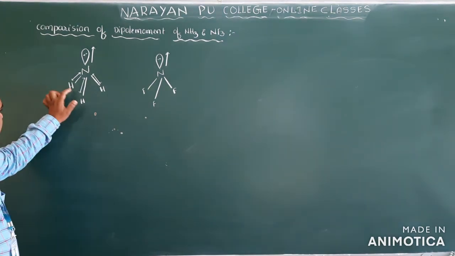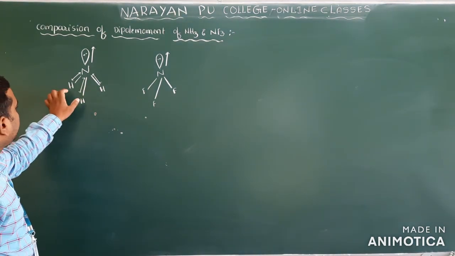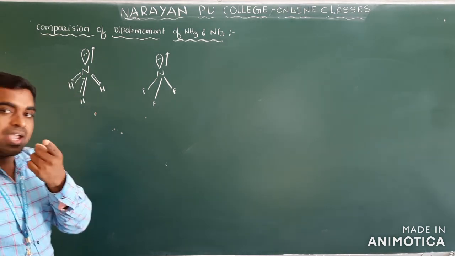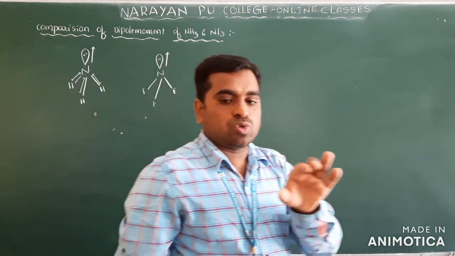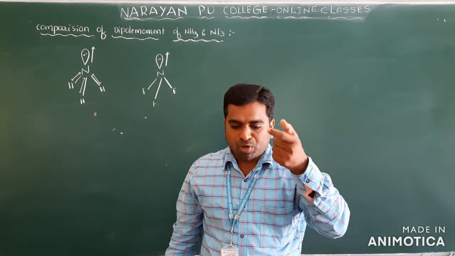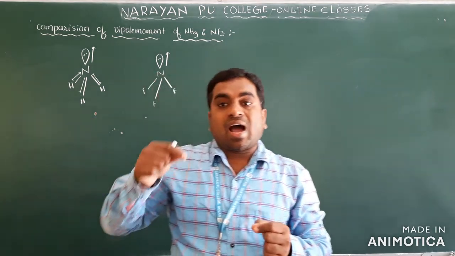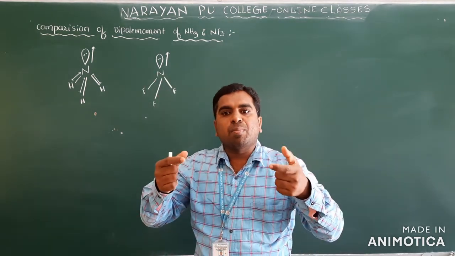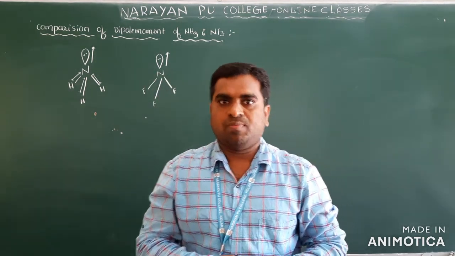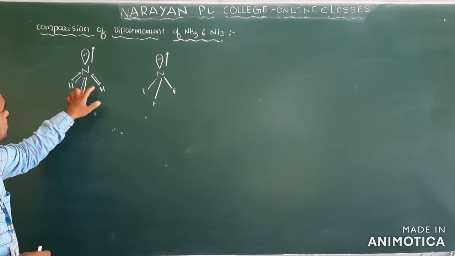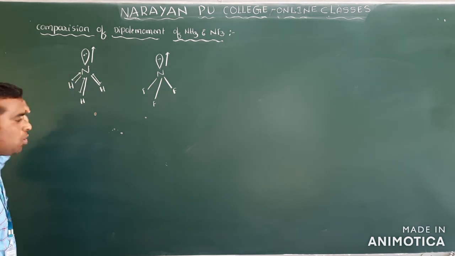For a polyatomic molecule, you should not consider the dipole moment of a single bond. You have to consider the net or resultant dipole moment of the individual bonds, so you have to see the resultant of these three bonds.